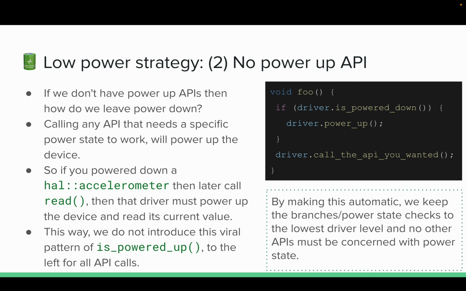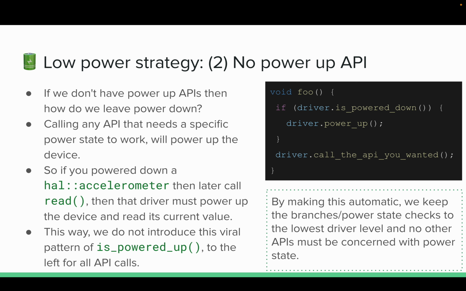I need to bring the device out of deep sleep, wait my setup and hold time, and then read out the value from it. That way, users who use your APIs basically never have to think about whether or not they're in any state. They just simply use it as they normally would, and it will do all the work automatically.